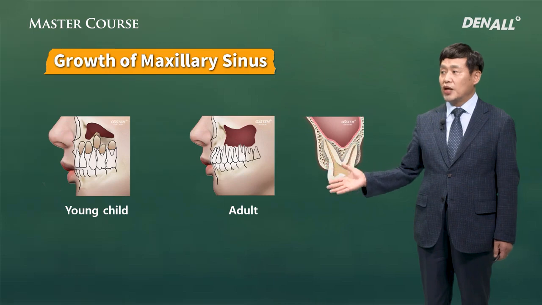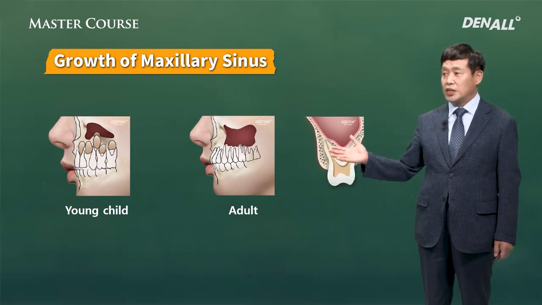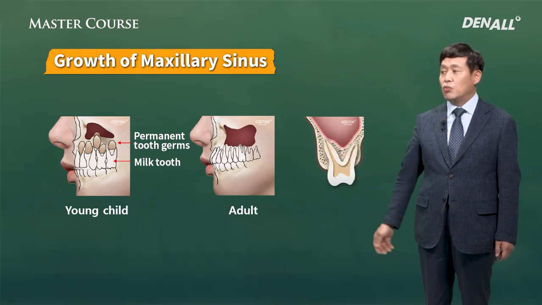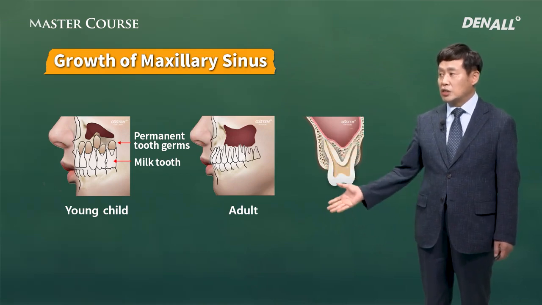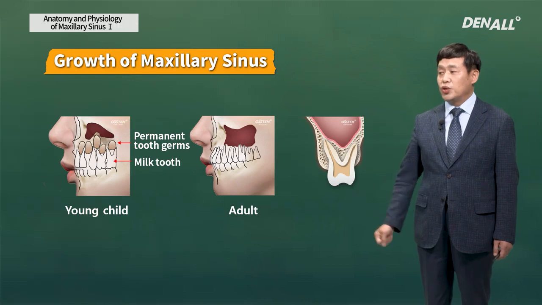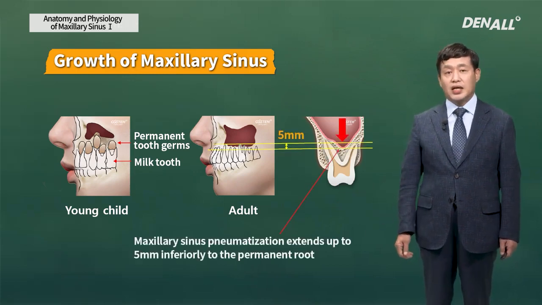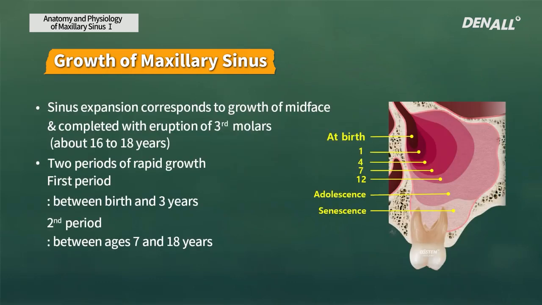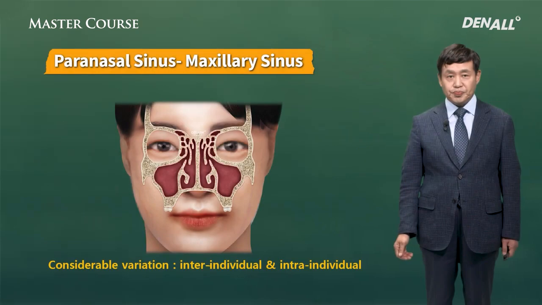After the growth is finished, in most cases, permanent teeth come out. The maxillary sinus pneumatization extends up to 5 millimeters inferiorly to the permanent root. The maxillary sinus expansion corresponds to the growth of midface, and the growth is completed at around 18 years of age.